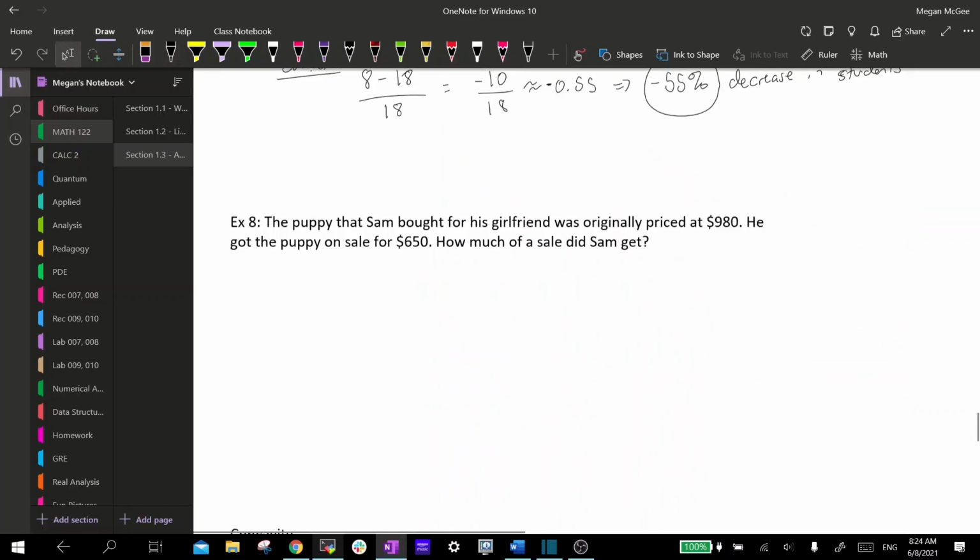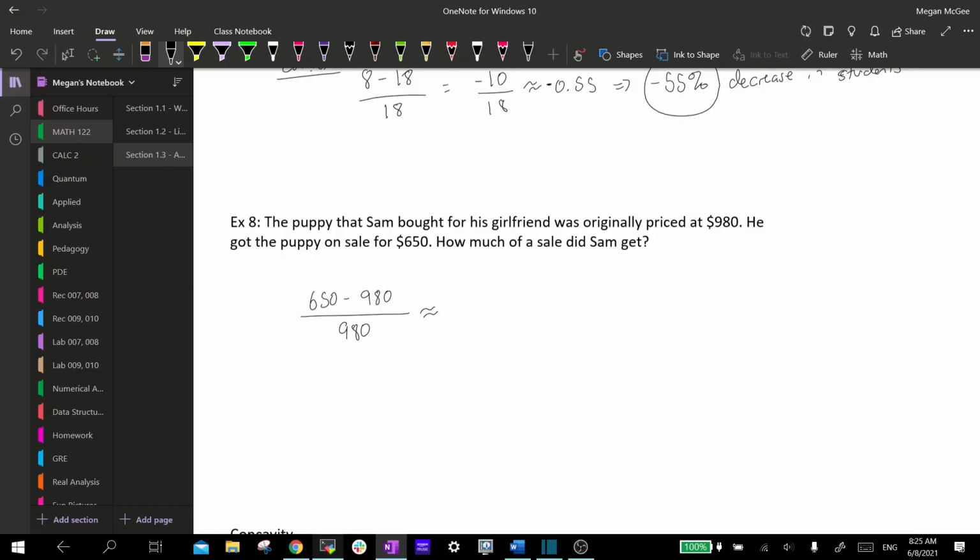All right, example number 8. The puppy Sam bought for his girlfriend was originally priced at $980. He got the puppy on sale for $650. How much of a sale did Sam get? And adopt, don't shop. Anyways, our new price is $650 minus our old price, $980, over the old price.